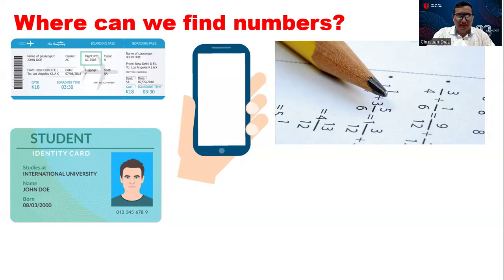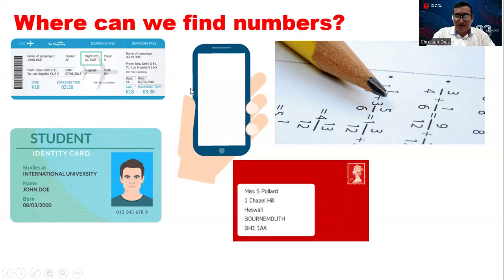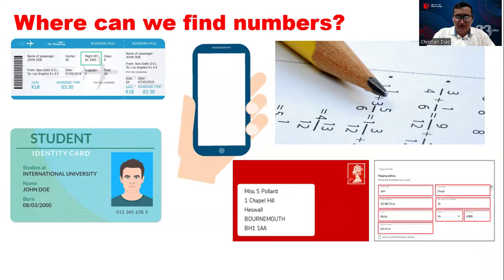Okay, another. On the post, you say post, okay. Address, right? Another. A form. When we have to fill a form, we use numbers to say our birth dates, ID cards, address, and email.